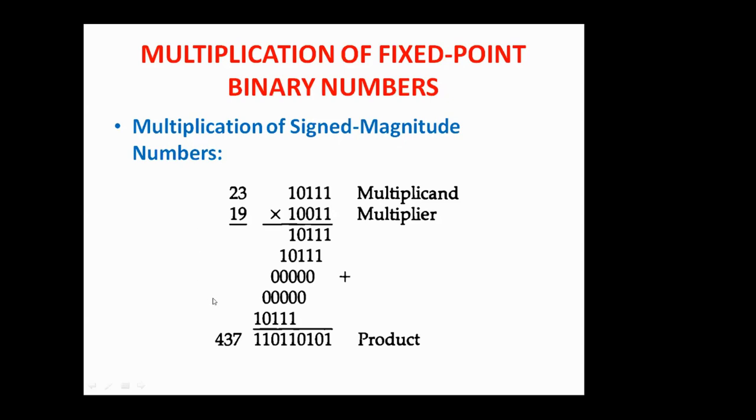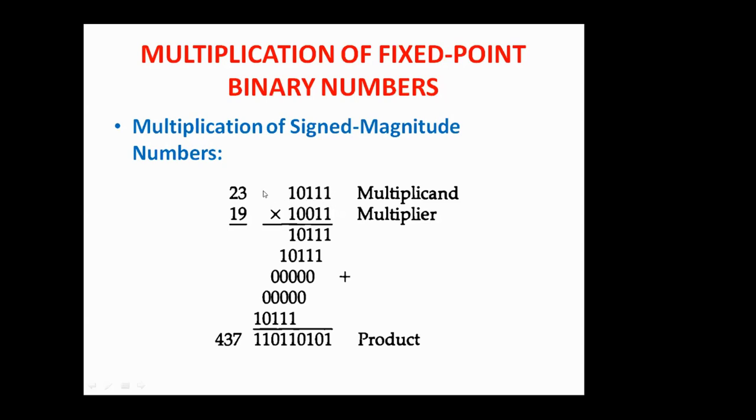If we do this signed magnitude multiplication on paper, it will be just like a normal multiplication as we do with decimal numbers. So this is 23, the magnitude of 23 here.